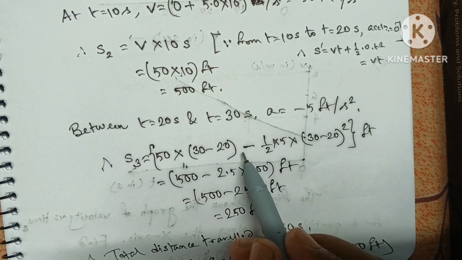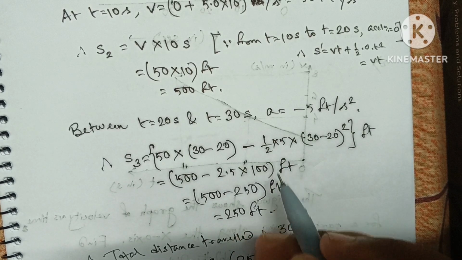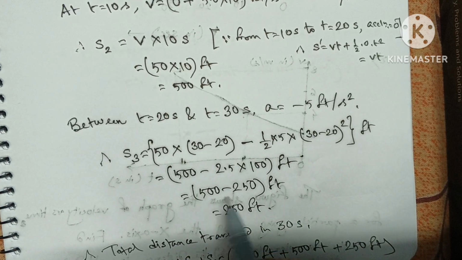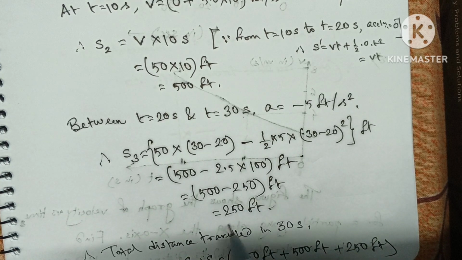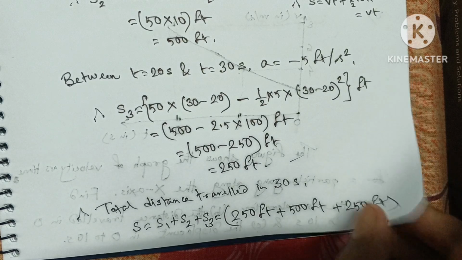Now the minus sign signifies that it is the retardation, that is negative acceleration. So calculating, we get 500 minus 250 feet is equal to 250 feet. Therefore total distance traveled is equal to S1 plus S2 plus S3 is equal to 250 plus 500 plus 250 feet is equal to 1000 feet.